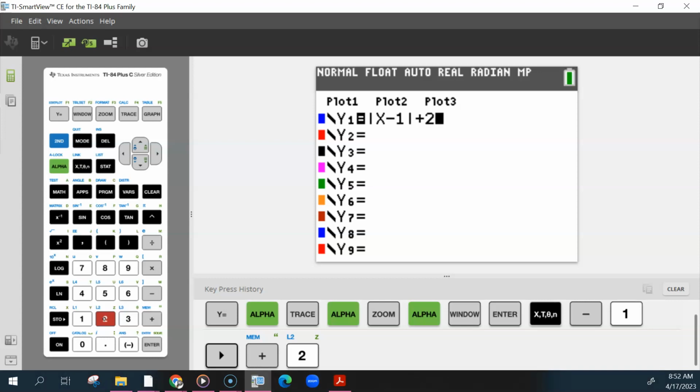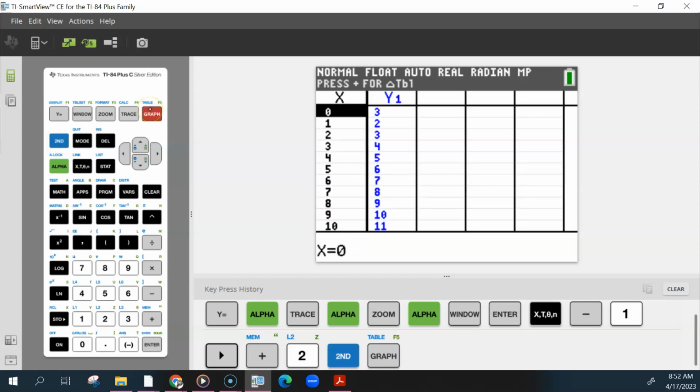And we're going to go into the table, second graph. Find the point that we said was our vertex, 1, 2. And then go out from there and make sure all of the rest of your points match.